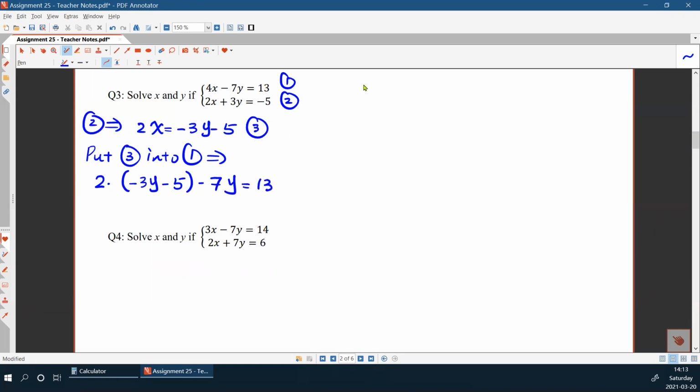So this will give you minus 6y minus 10 minus 7y equals 13. So this means minus 13y equals 23, right? So this will give you y equals minus 23 over 13.